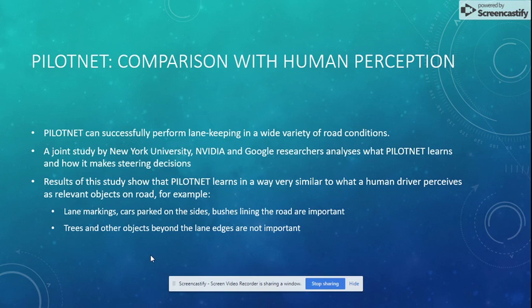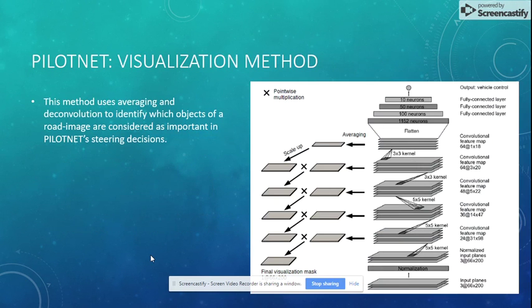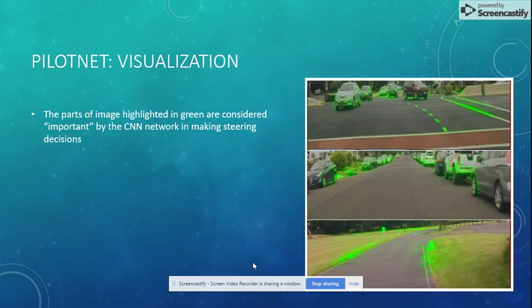In order to visualize what PilotNet learns and considers important, there is a visualization method which uses averaging and deconvolution. It averages the stacks of convolution layers and then uses deconvolution to trace back to the original image, and then it overlays the deconvolved mask on the original image to understand which parts are considered important by the network.